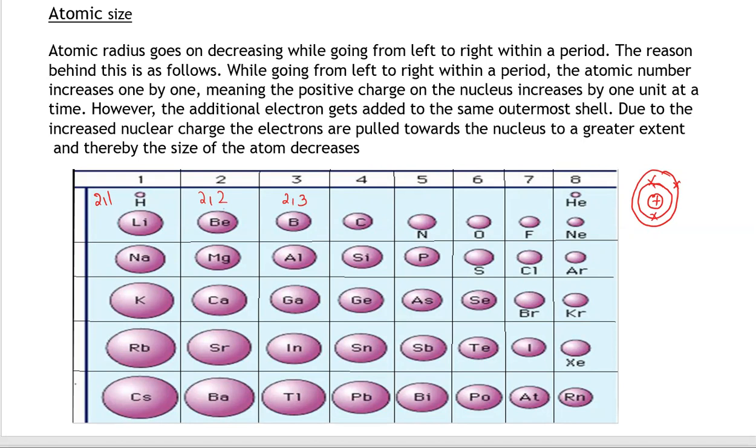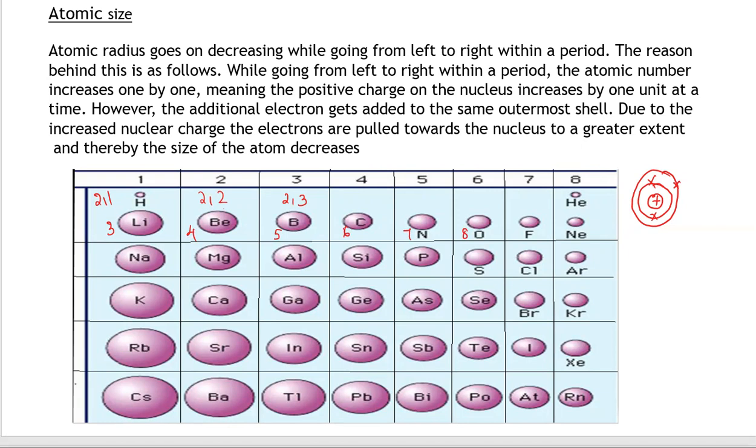Here number of shells is 2, but electron number is increasing. Atomic number is also increasing. Lithium is 3, here 4, 5. Okay, carbon 6, nitrogen 7, oxygen 8, etc. But shell number is not increasing. Electrons are adding to the same shell.